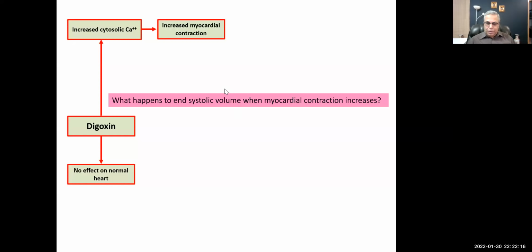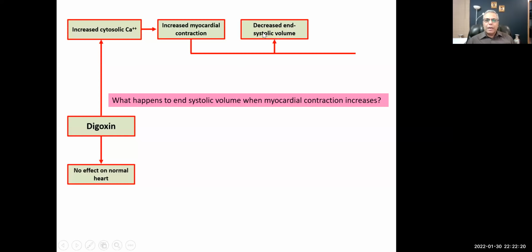All right. Now another question, which is, so here there's a decrease in end systolic volume. So what happens to ejection fraction when myocardial contraction increases? Does it increase or does it decrease?